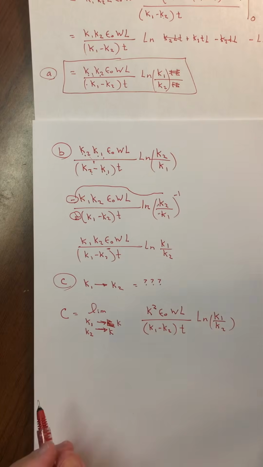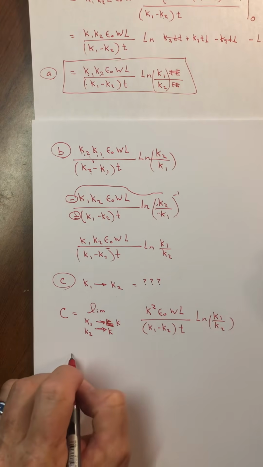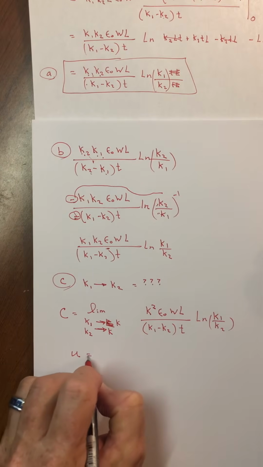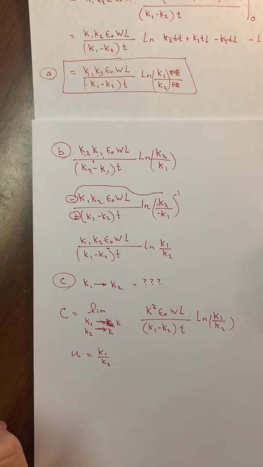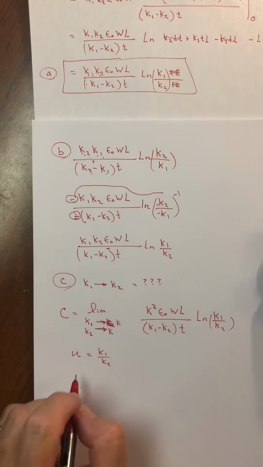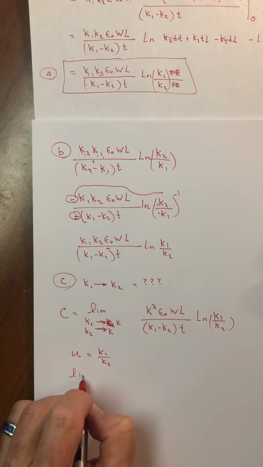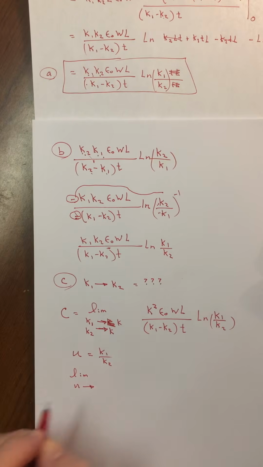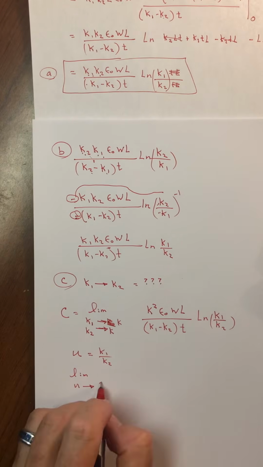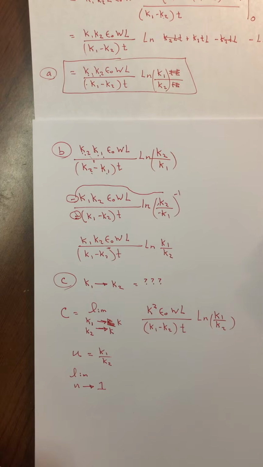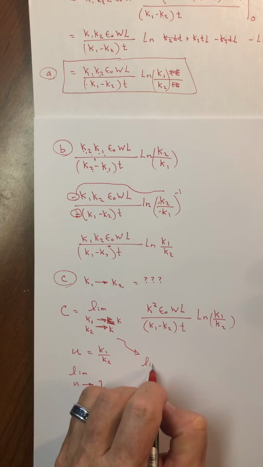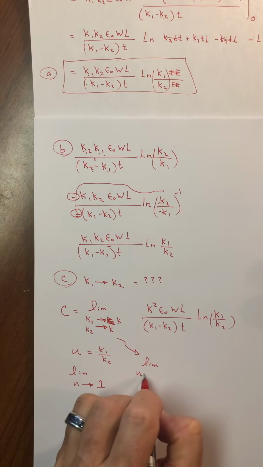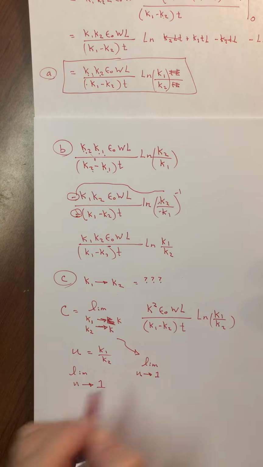So I need some thinking about this. And in fact, maybe I will write it this way, if this kind of helps. Let's call u equal to K1 over K2. And then we're going to say, let's take the limit as u approaches 1.